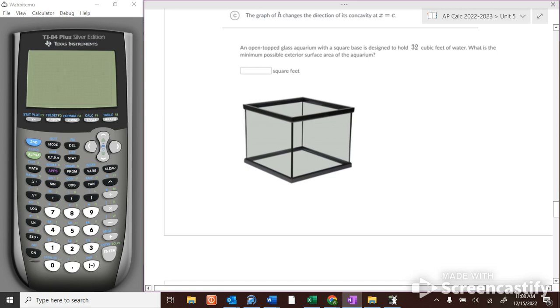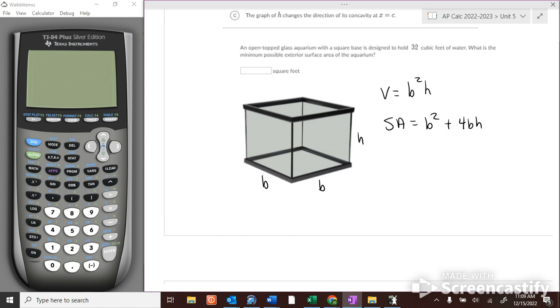This aquarium holds 32 cubic feet of water. What's minimum possible exterior surface area? Okay, so volume for this, you have a base, and a height. So it's base squared height. Surface area for this thing is you have the area of the base, which is base squared, and there's 4 sides, which is 4BH.